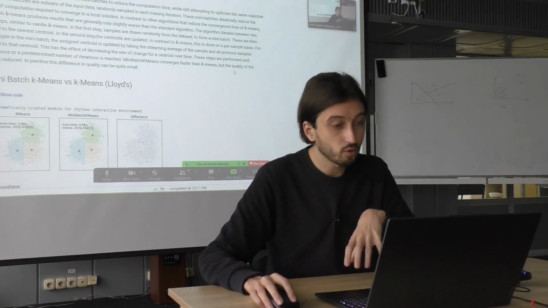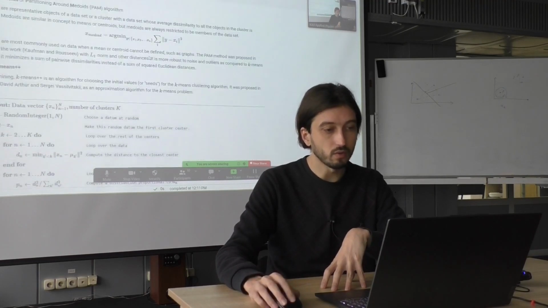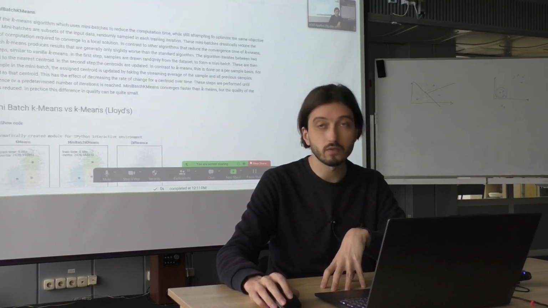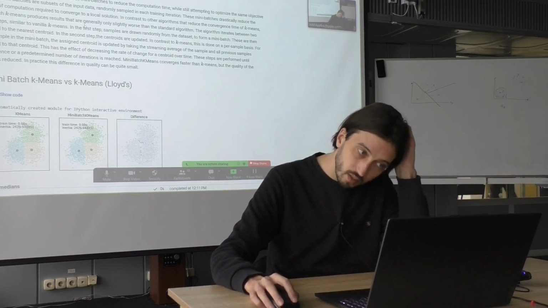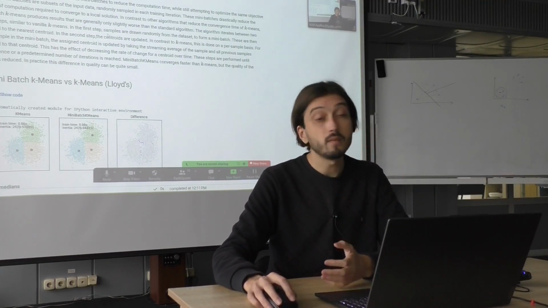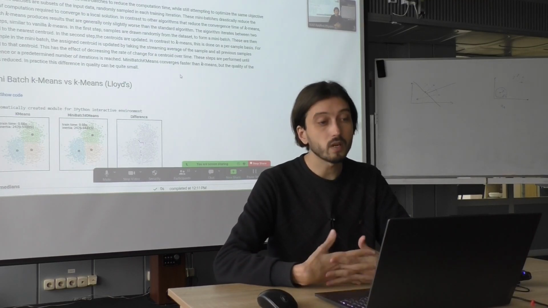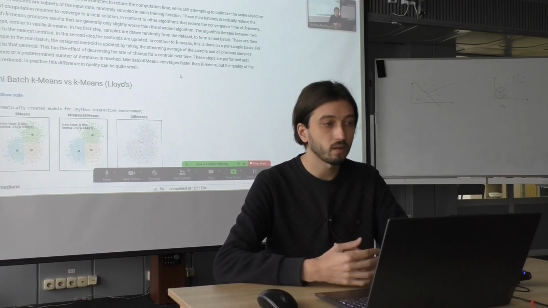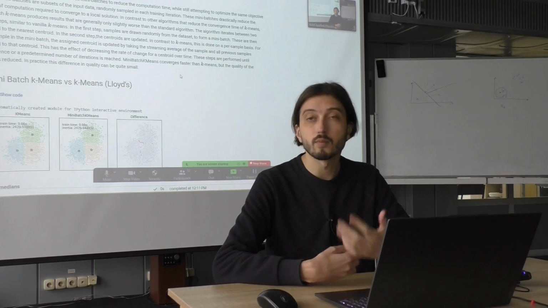Very quickly, some variations of k-means, and then I will show you just a few examples of usage of k-means. Okay, so first of all, mini batch k-means. When we are working with a very large data set, we can think about the computation time.